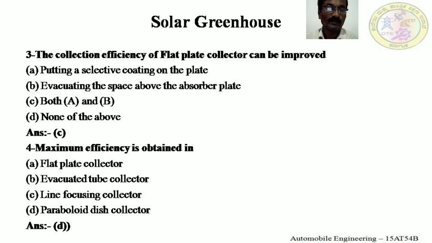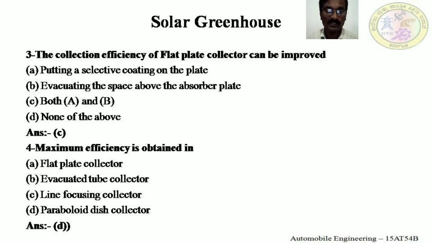Next, question number 4. The maximum efficiency is obtained in. The options are flat plate collectors, evacuated tube collectors, line focusing collectors and parabolic dish collectors. The answer is D, because parabolic means it is half-round in shape.